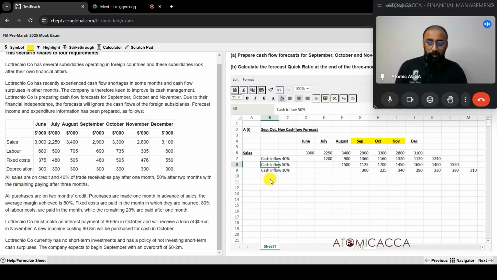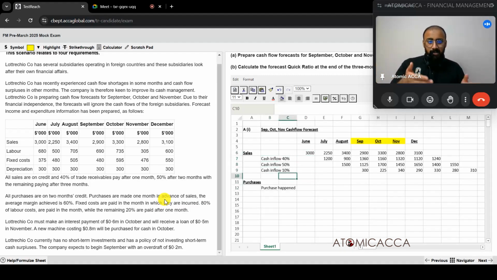Next thing we had was about purchases. What is the purchase information given? They are telling that purchase is made 1 month in advance of sales, and that is a 60% margin. So first we have to find out what the actual purchase happened. So for the June figure, the first purchase will happen 1 month before.